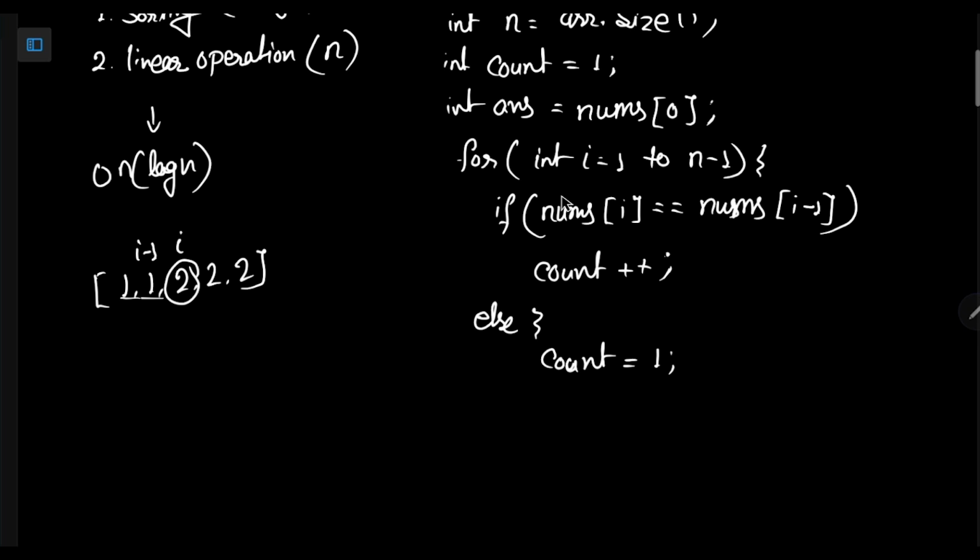No. So what will happen? Then at count we will again initialize with 1, and at answer place we will take that place's element, which is nums of i, so answer will be 2 at that time.